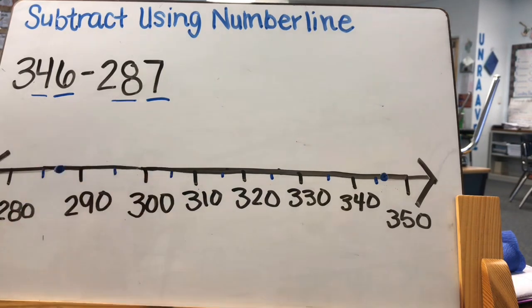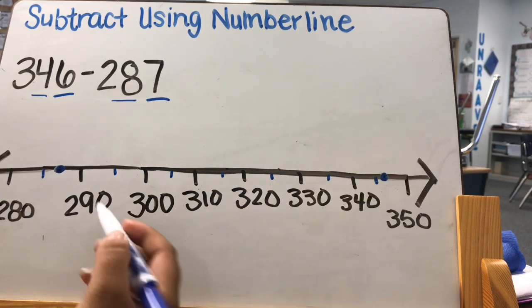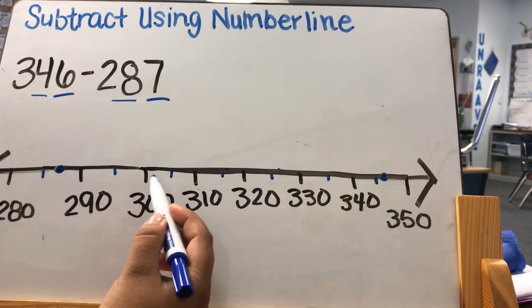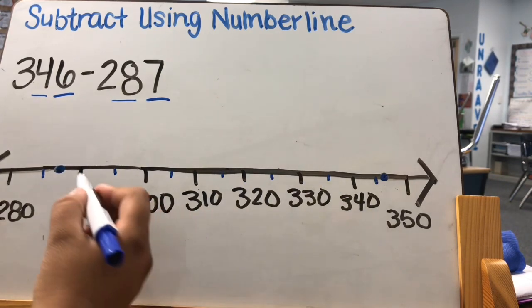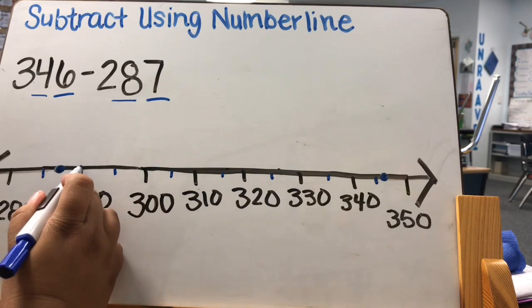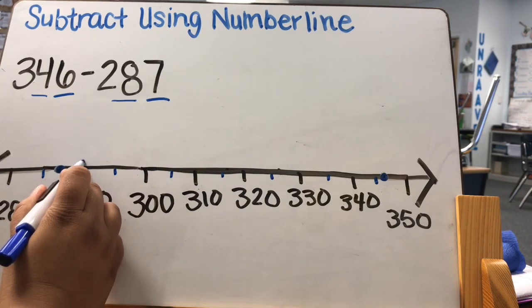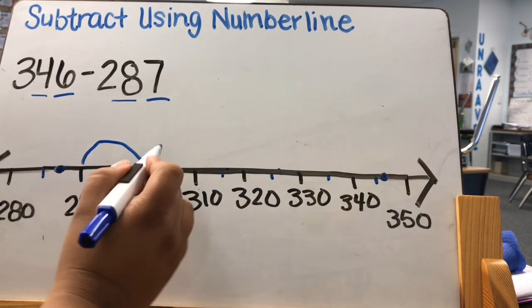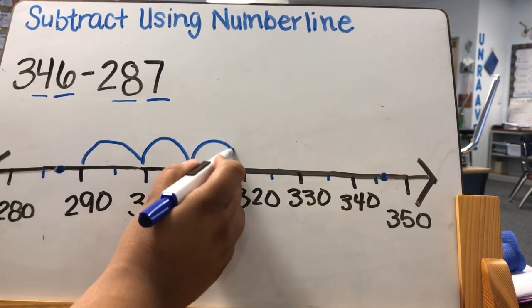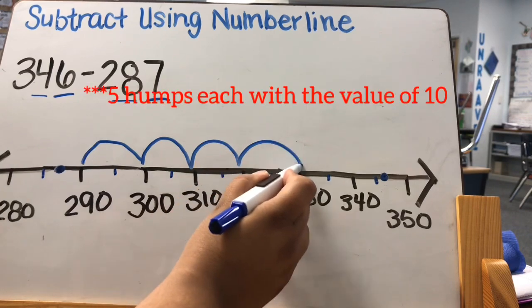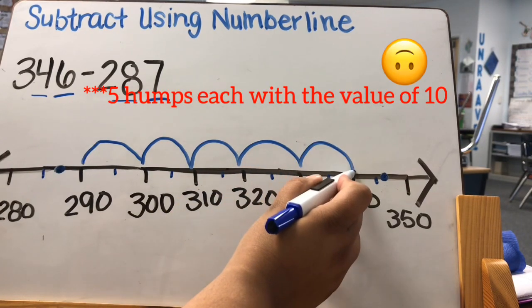Now I am going to count the tens in between these numbers, the full tens that we have. So a full 10 would start at 290, and I'm going to make a hump. 10, 20, 30, 40, 50.